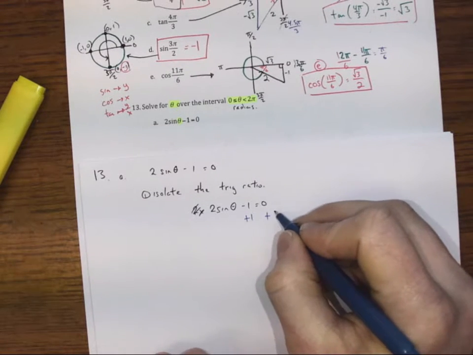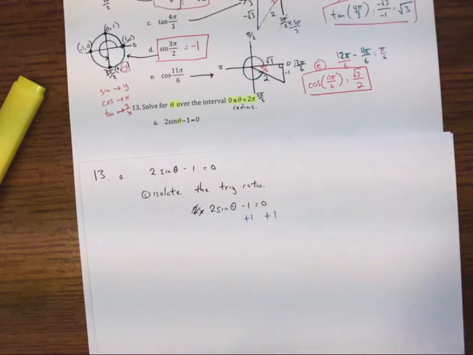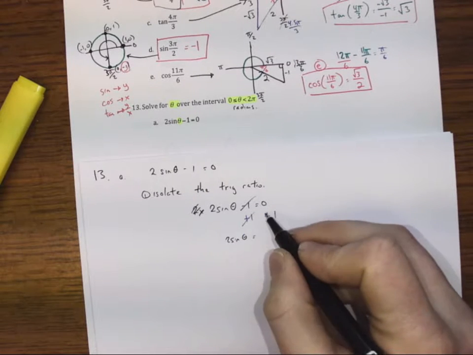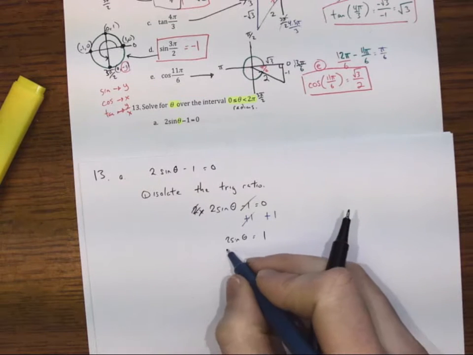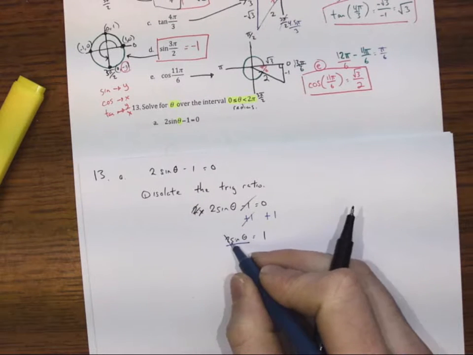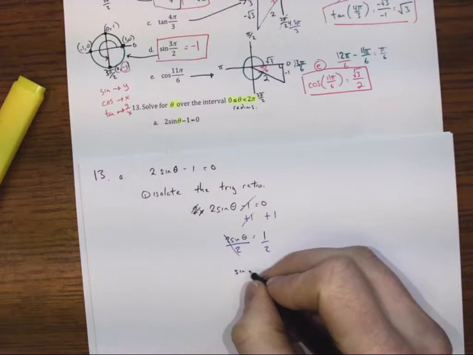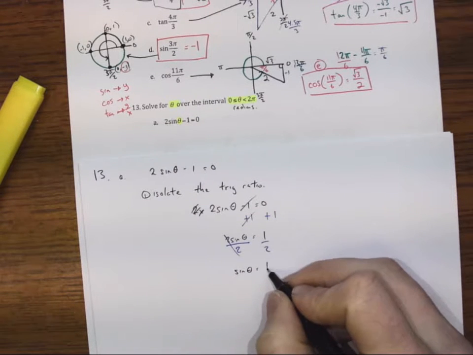Add 1, add 1. And so it's going to cancel this guy out, and we'll get 2 sine theta equals 1. Then we're going to divide by 2 to cancel out this multiply by 2. Opposite operation again. And so that tells us that sine theta is a half.